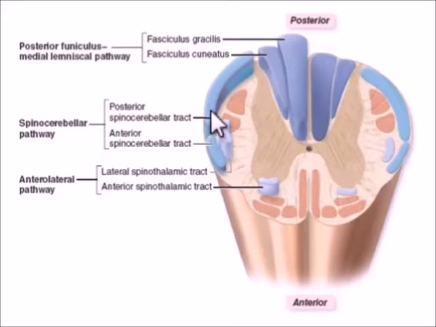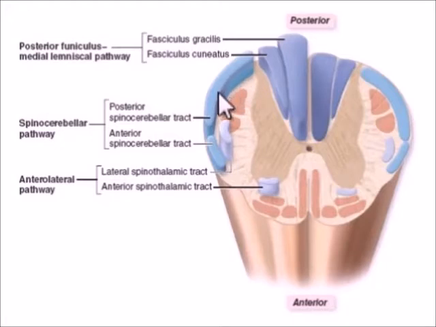This anterior and posterior spinocerebellar tract ascends upwards and goes to the spinocerebellum, and we know that in the spinocerebellum are the fastigial nucleus and interpositus nucleus.